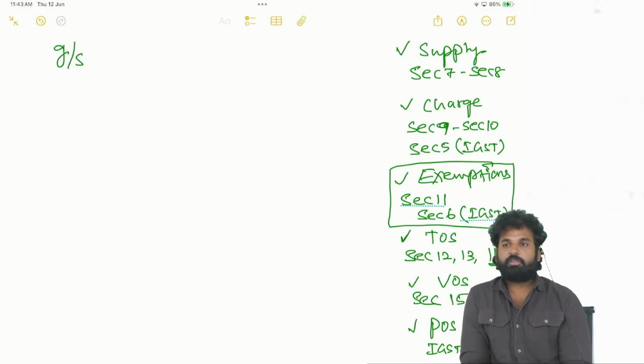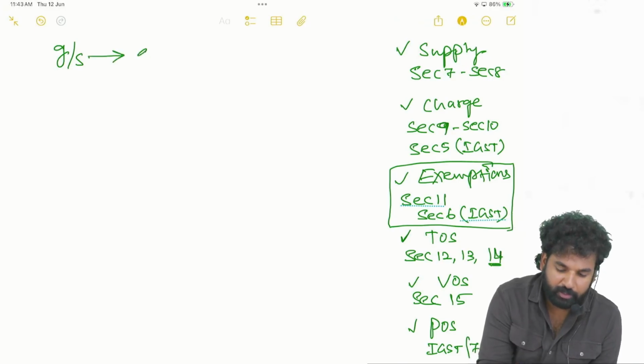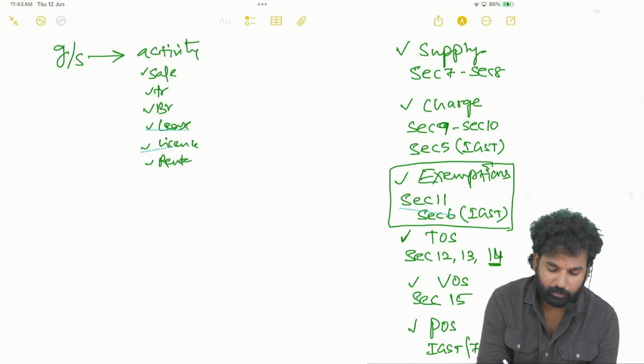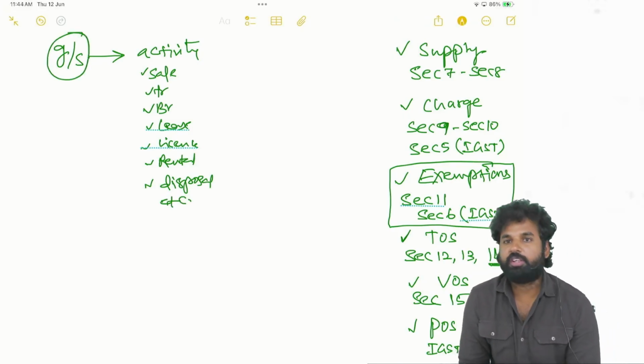There are some exclusions to goods and services, like money, securities, immovable property. These are the exclusions to goods. If we are dealing in goods, then there shall be some activity, or supply, which shall be a sale, transfer, barter, lease, license, rental, disposal, etc. Whatever it may be relating to goods or services.